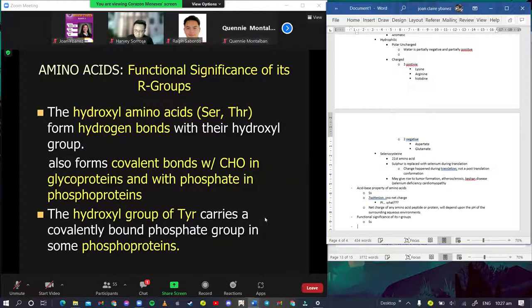Then the OH of tyrosine is the one that will bind to the phosphate group. You will learn later on that the addition of a phosphate group, or the phosphoprotein, can act as an enzyme or can take on other functions because of the added phosphate group.